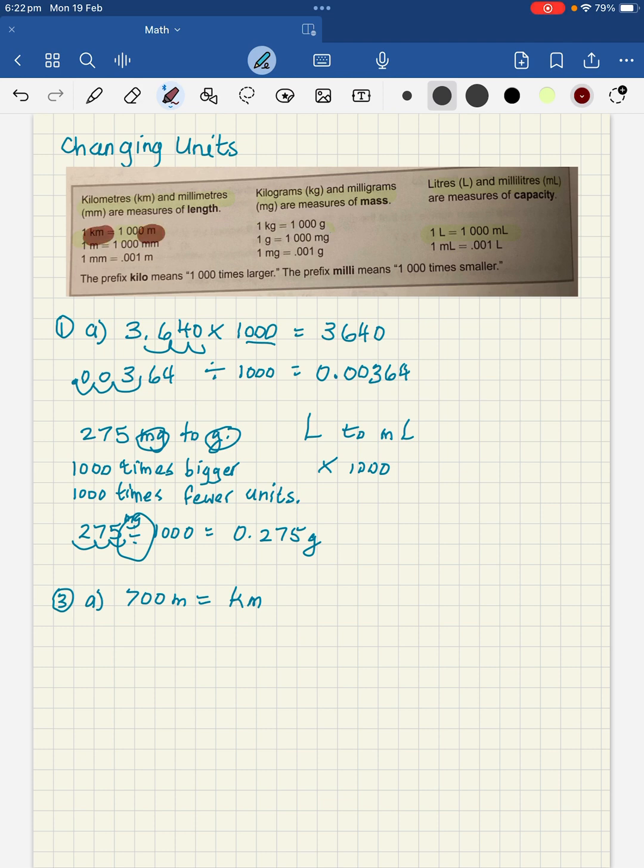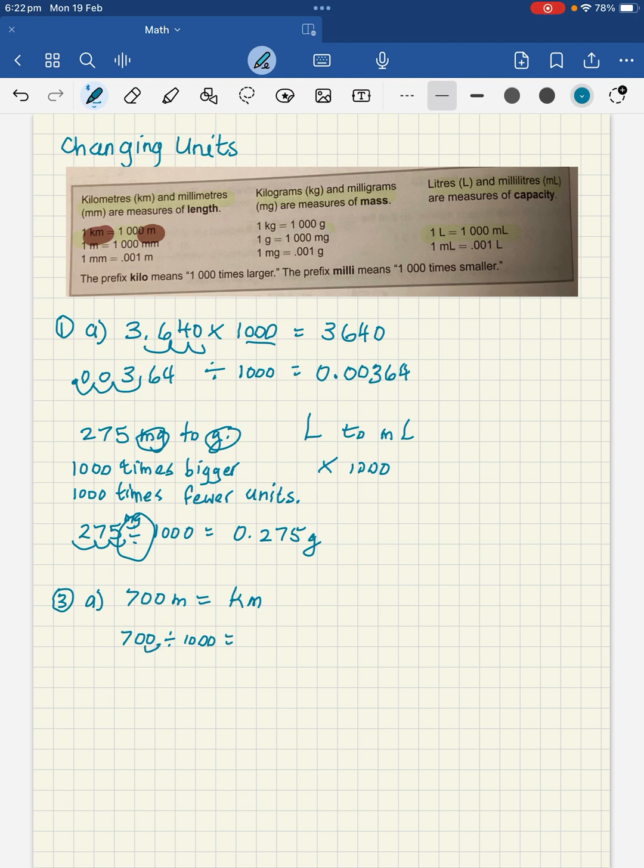So because we're going from a smaller measurement to a larger measurement, are we going to divide or are we going to multiply? Well, we're not going to multiply because then we would have 700,000 kilometers. That doesn't make sense. So we're going to divide by 1,000. So you can do that in your head.